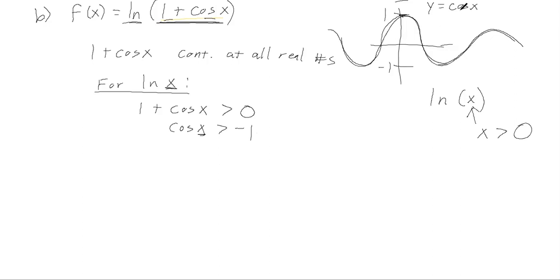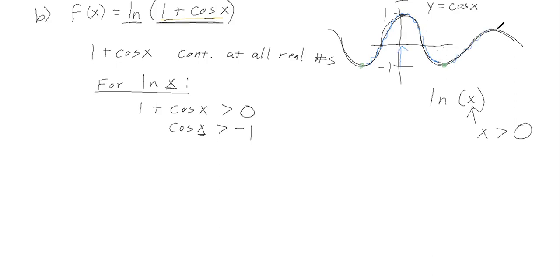Now, where is that thing greater than -1? Well, right here it is equal to -1. Right here it is equal to -1. But all the rest of the graph, like all this stuff and this stuff, is greater than -1. It's above -1, right?